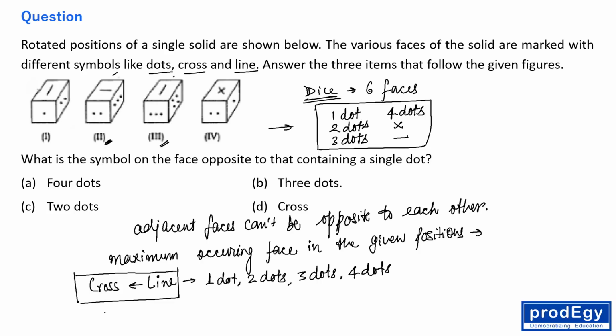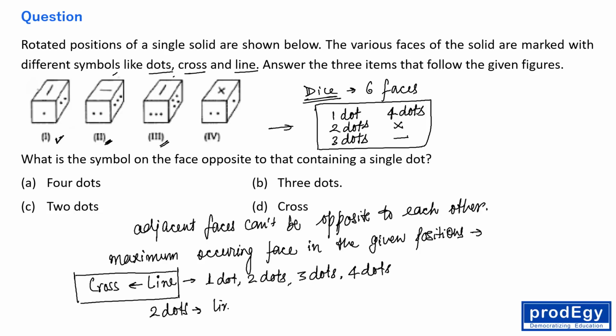Now if I talk about two dots, what can't be opposite to two dots? For position number 1, 1 dot and line can't be opposite to two dots.